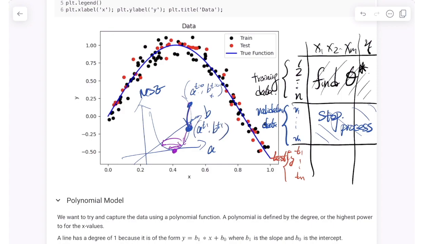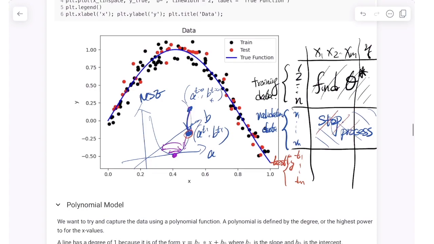But how do you know whether you should stop or continue doing gradient descent? You use the second set of data, the validation data, the blue data set right here. You use AT1 and BT1 to test on the blue data set and see the current accuracy or current MSE value.